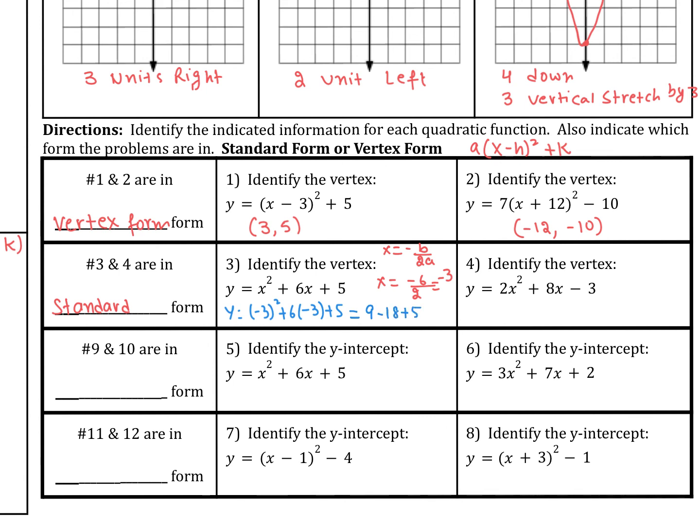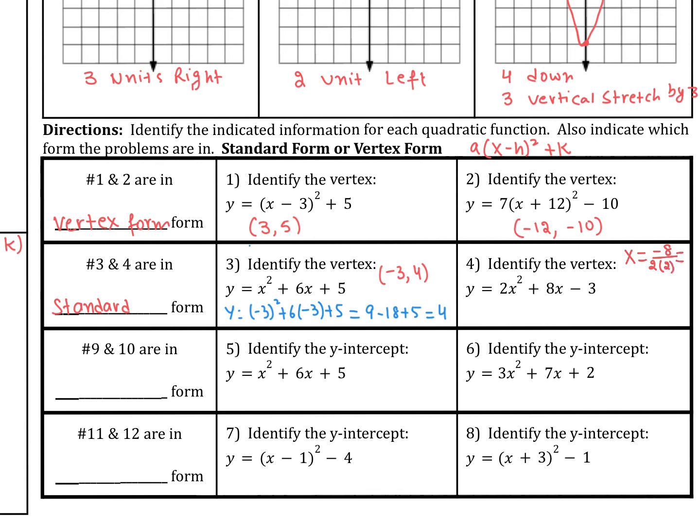That's negative 9 plus 5, which is negative 4. So the vertex for this one is negative 3 comma negative 4.